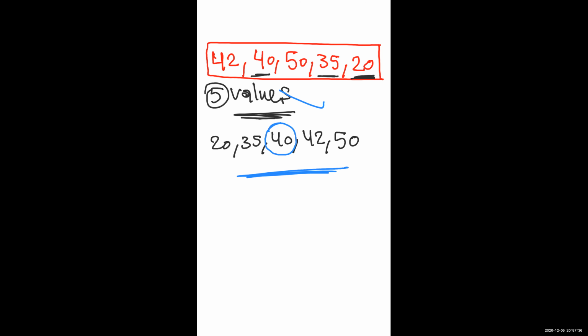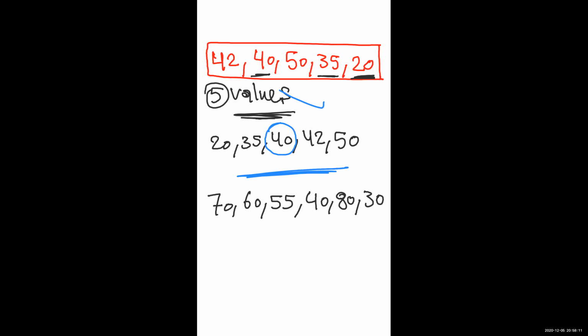The second case, guys, is if they are an even number of values. Like this: 70, then 60, then 55, then 40, then 80, then one more, like 30.